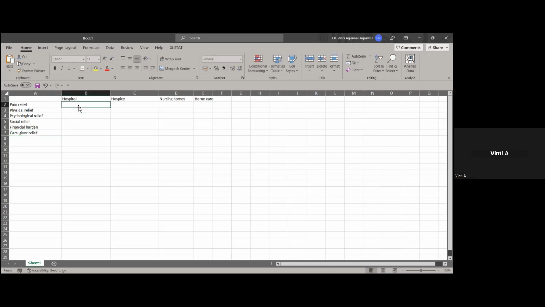Now I have 100 units that I can divide across hospital, hospice, nursing homes and home care. Let's say for pain relief, how many points for hospital?